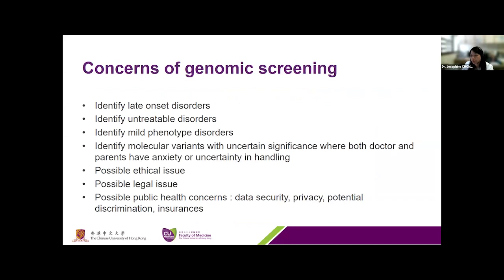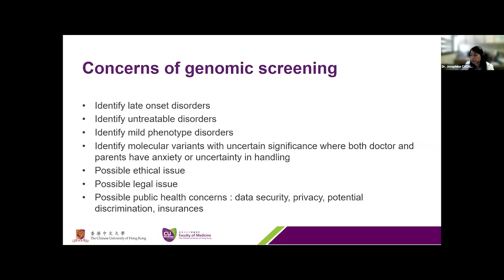So it really depends on the panels that you pick into that screening panel. It is possible to screen out some of the conditions that may have late adult onsets. It is also possible to screen out some of the untreatable disorders, and it is also possible to screen out the mild phenotype disorders.